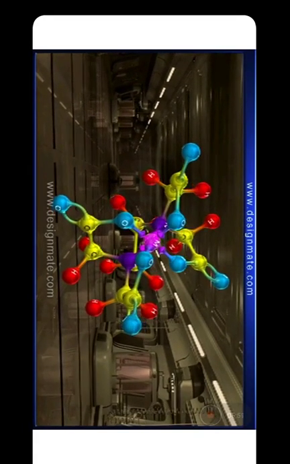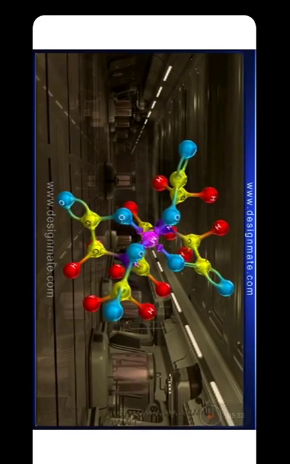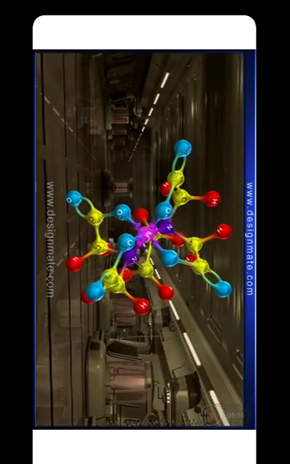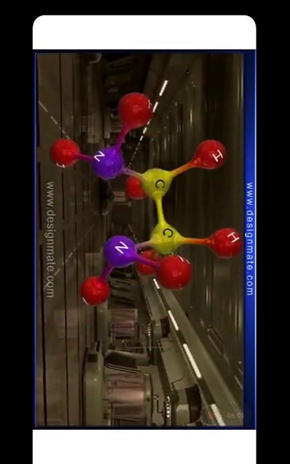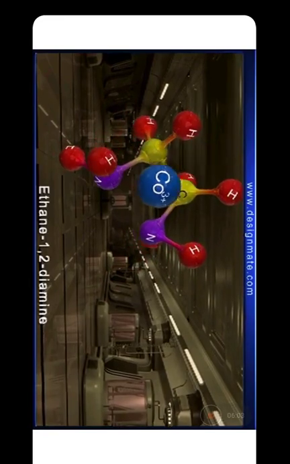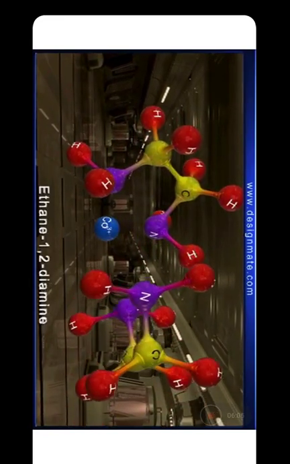In general, chelating ligands form more stable complexes than the related monodentate ligands. For this, consider a molecule of ethane 1,2-diamine.